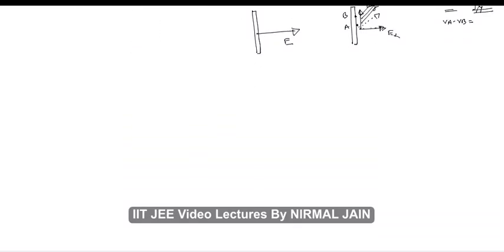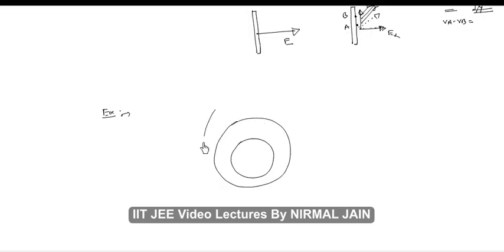Let's see a couple of simple examples related to these equipotential surfaces. For example, if I'm given a spherical region of different radii, let's say this radius is 10 centimeter, and the potential at this surface is, let's say, 60 volt.